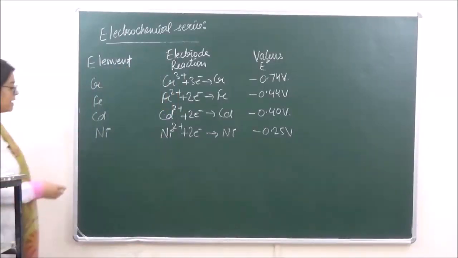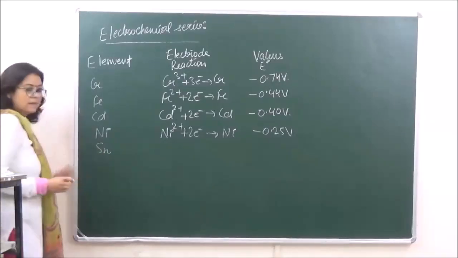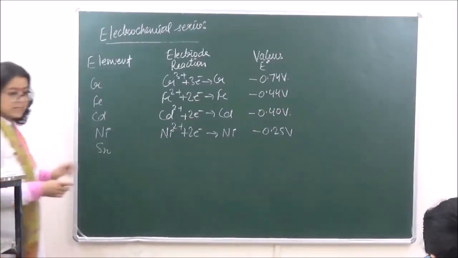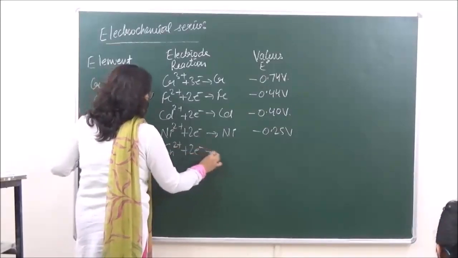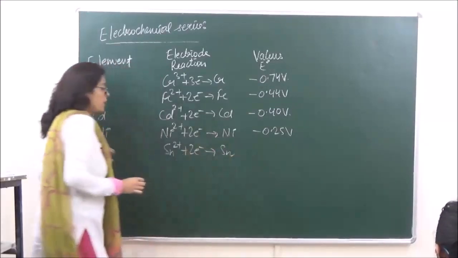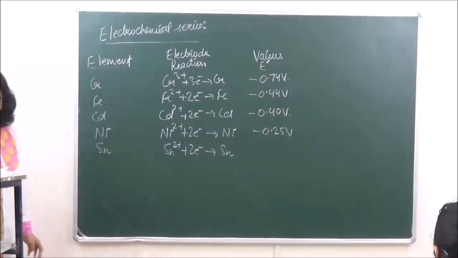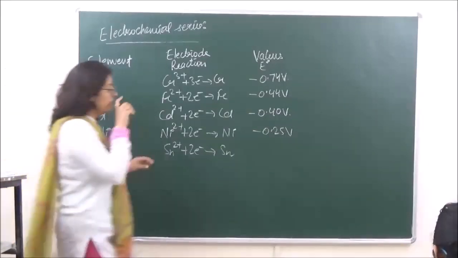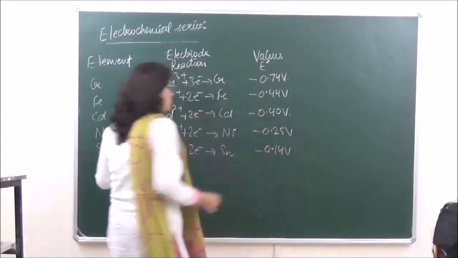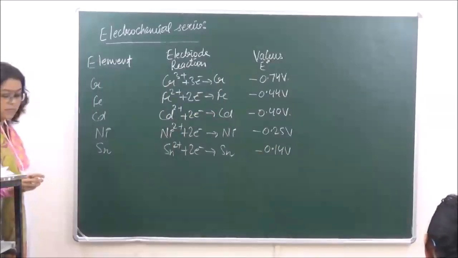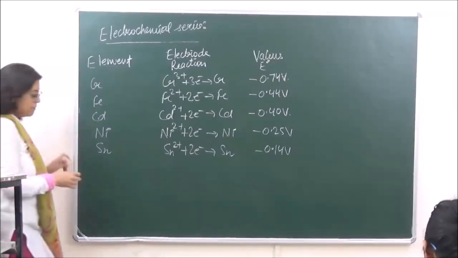After nickel we have tin. Sn2+ plus 2 electrons to give us Sn, and the value over here is minus 0.14 volts.